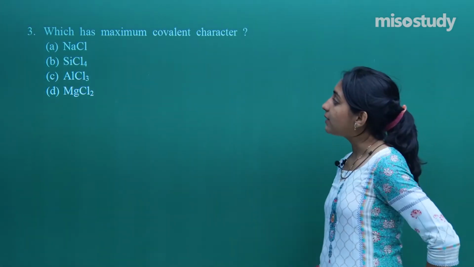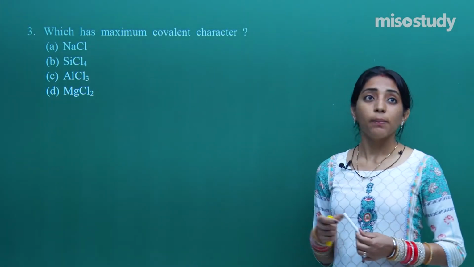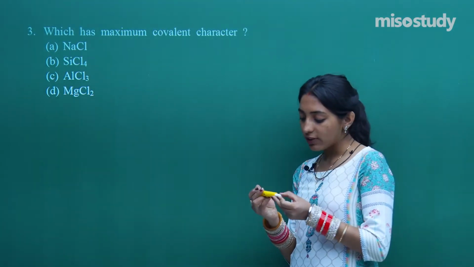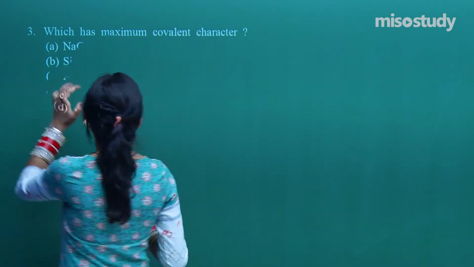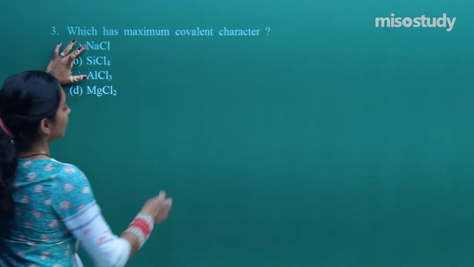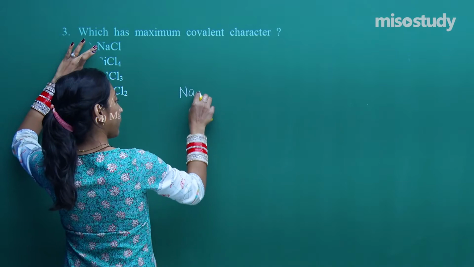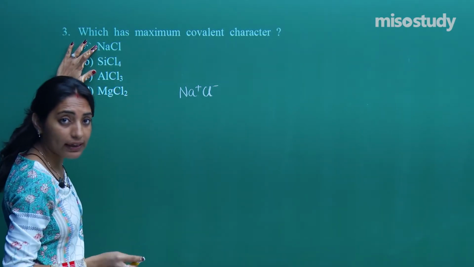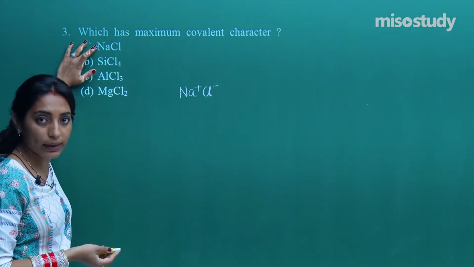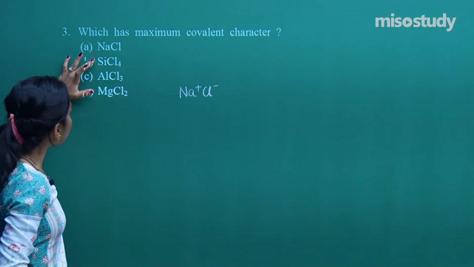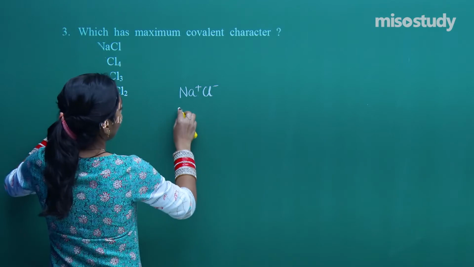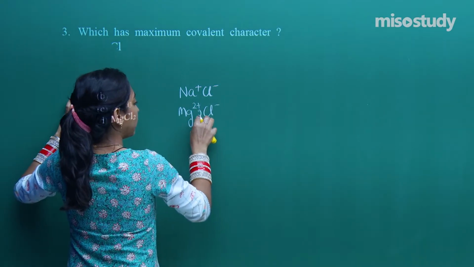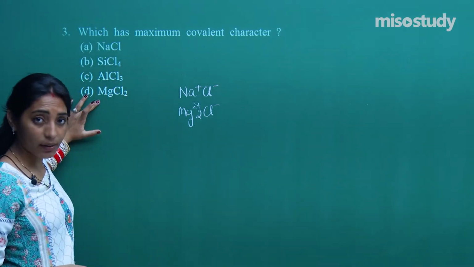This question says, which has maximum covalent character? Now you know, we have done this, so you can see the options. NaCl is an ionic compound, and we know that none of the ionic compounds is 100% ionic, it must have some percentage of covalent character as well. Then let's move on step by step to MgCl2, which is again an ionic compound.